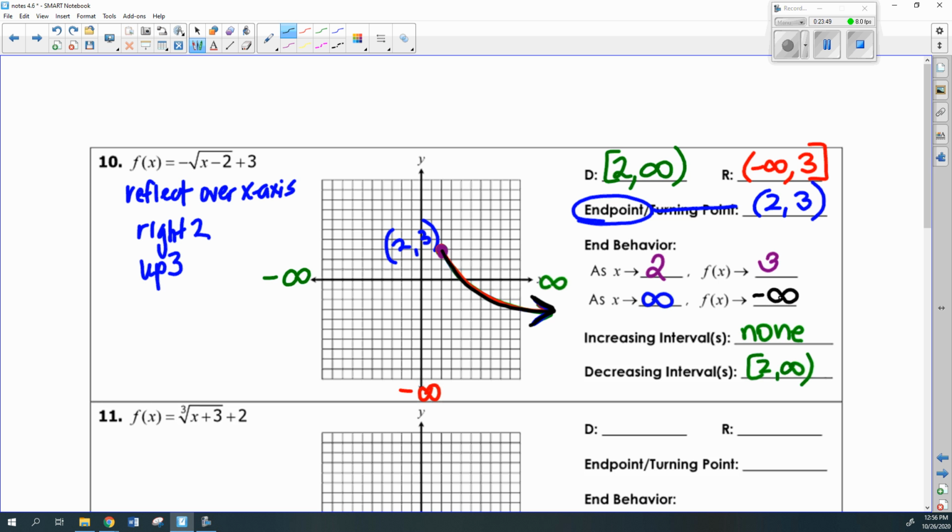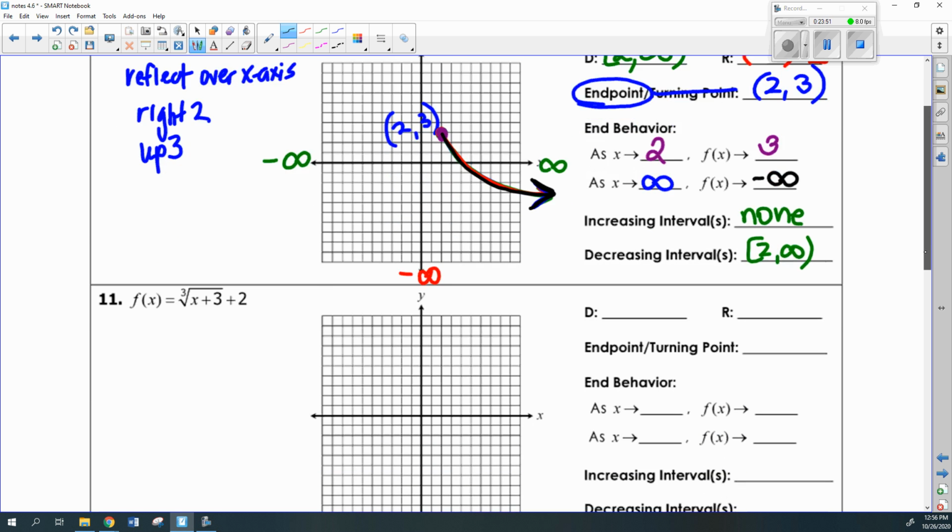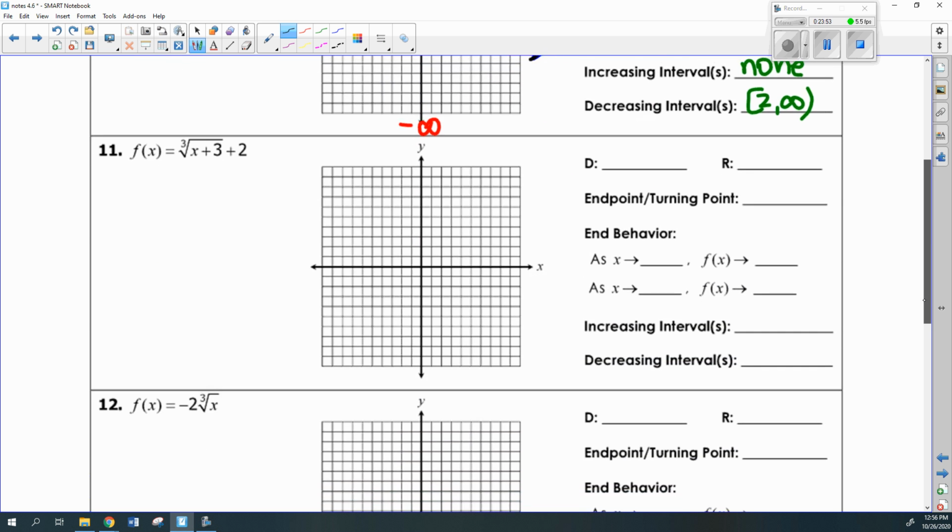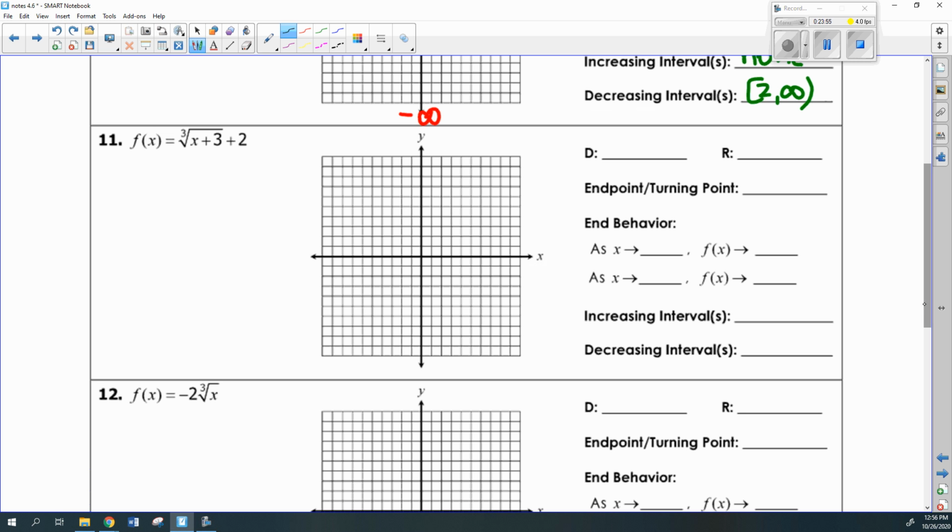All right, and then I want to run through 2 cube root problems real quick, one positive and one negative. I'm going to do exactly the same thing that I did for square roots, except it's not an end point, it's a turning point. You can go ahead and mark those things out, or only write turning point on your paper.